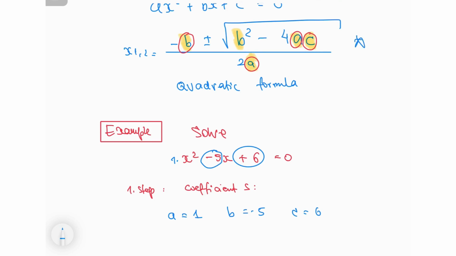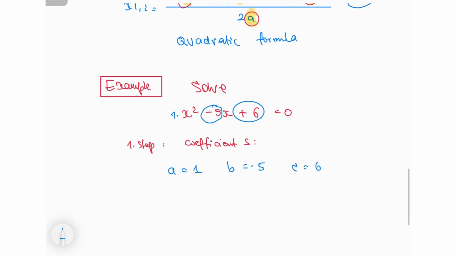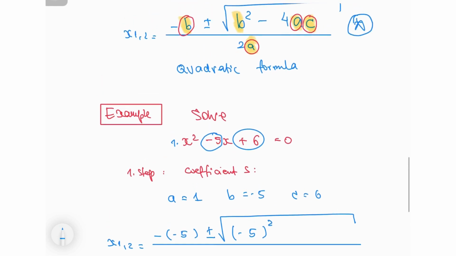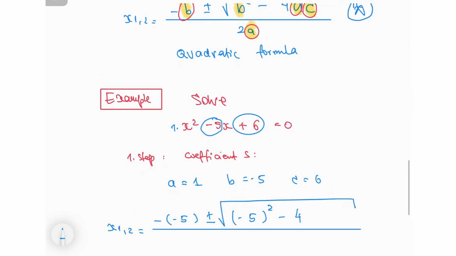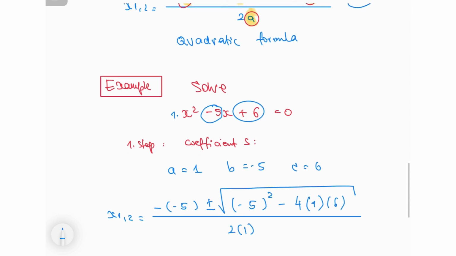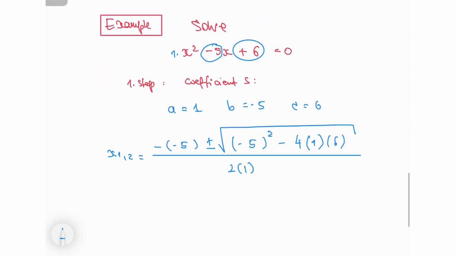Now we can use this formula. So x1,2 equals minus b, so minus in brackets minus 5, plus and minus the square root of, in brackets, minus 5 squared minus 4 times 1 times 6, over 2 times 1, because a is 1.